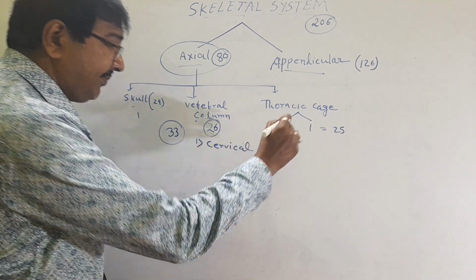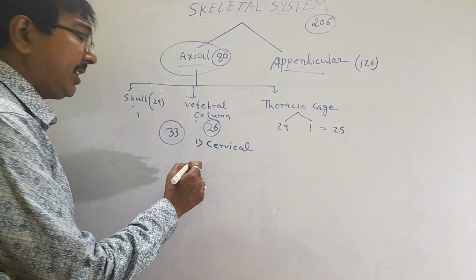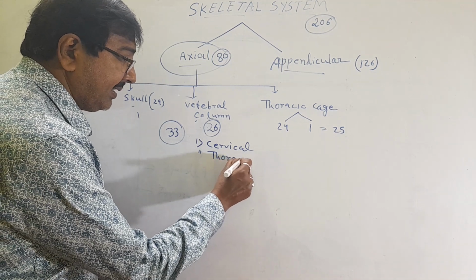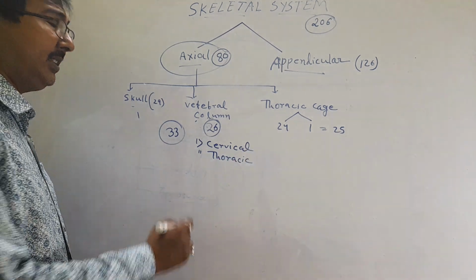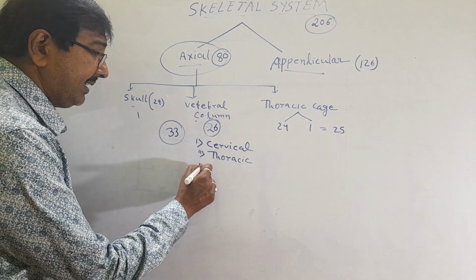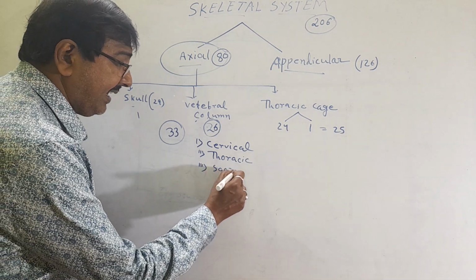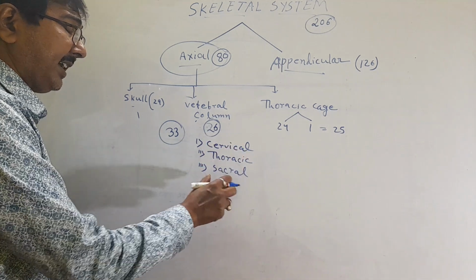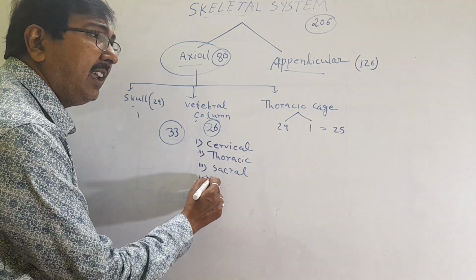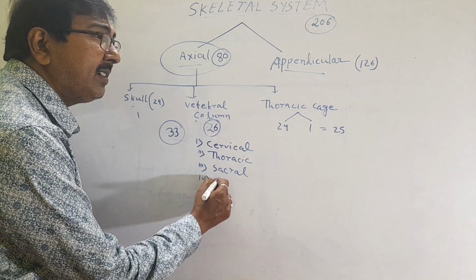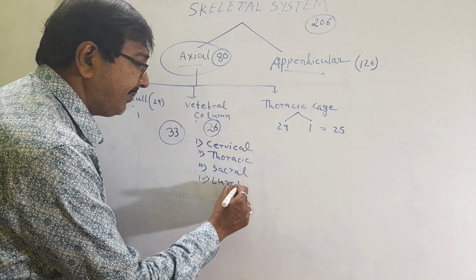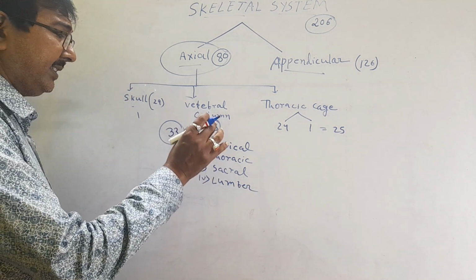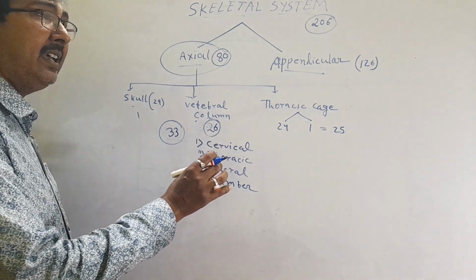Number 1, cervical. Number 2, thoracic. Number 3, lumbar. Number 4, sacral.